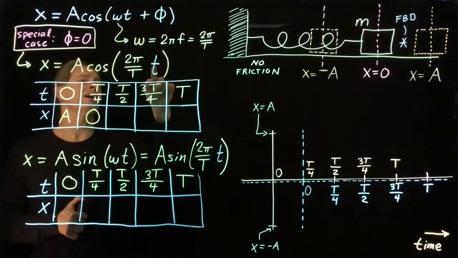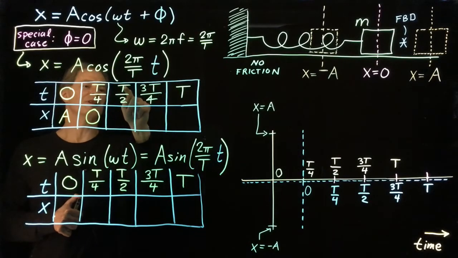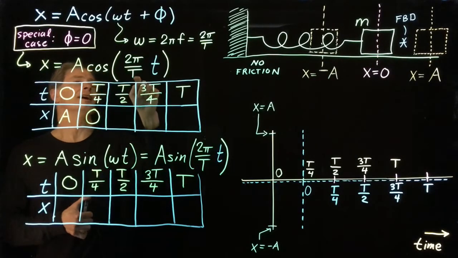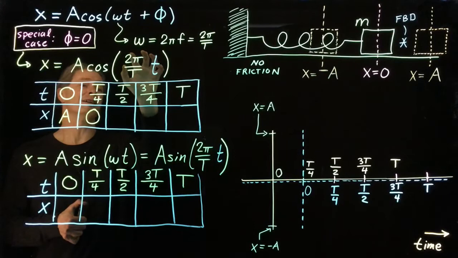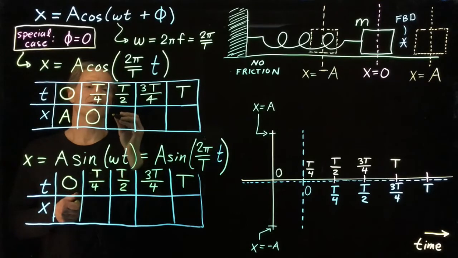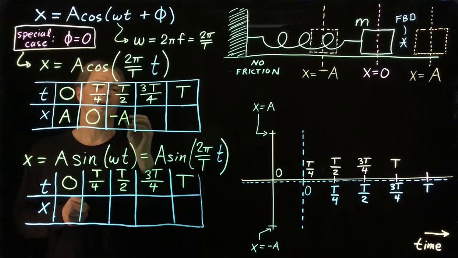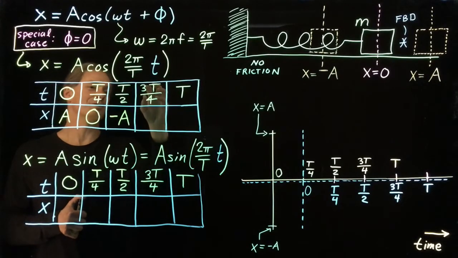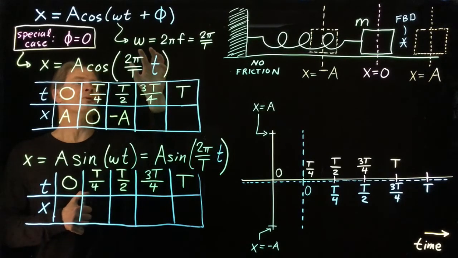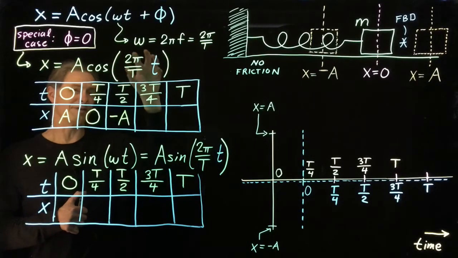All right, when the time t is equal to capital T over 2, that is, half of a period of the motion, I'd have 2 pi over T times capital T over 2. That overall is just going to give me pi. Cosine of pi is minus 1. Minus 1 times A gives me minus A. When little t is equal to 3 times the period divided by 4, that is 3/4 of a period, I'll end up with 3 pi over 2 in the argument of the cosine.